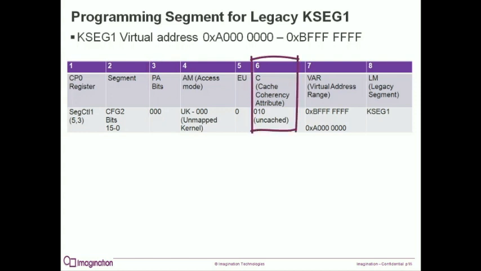The cache coherency attribute is uncached, so all memory accesses through this segment will go directly to memory. The error condition field EU is set to 0 to indicate that this section will retain the same characteristics when the CPU is in error state.